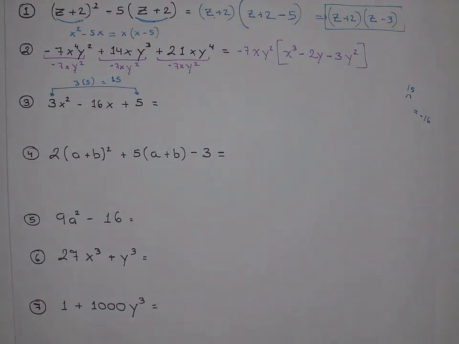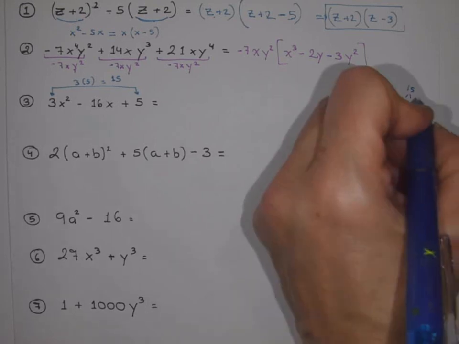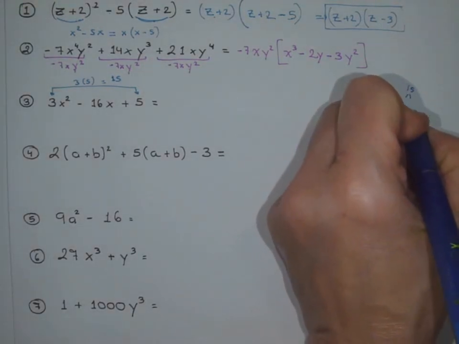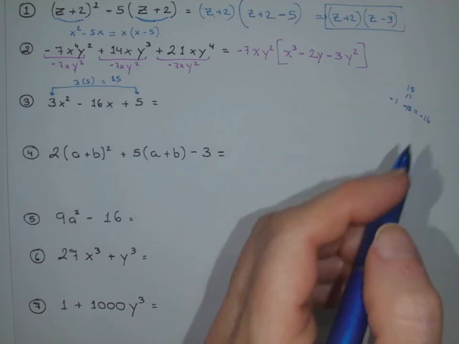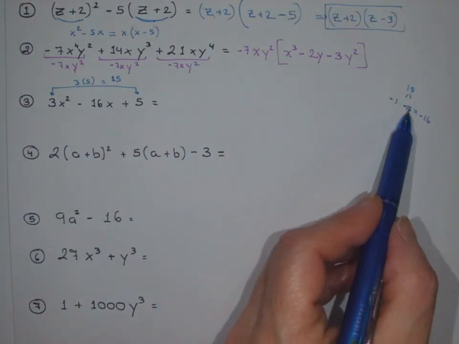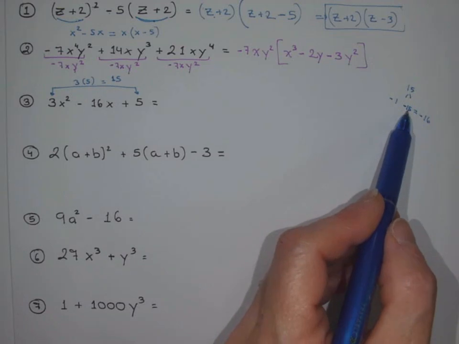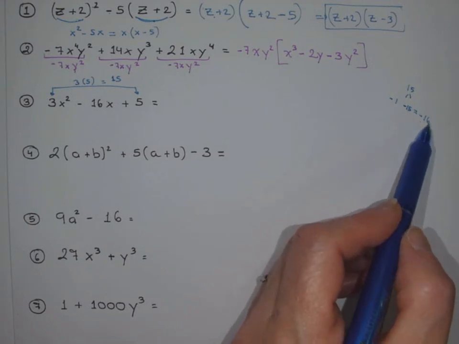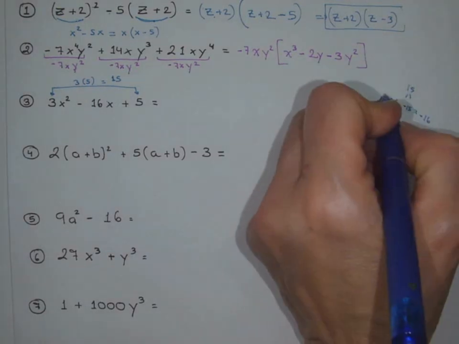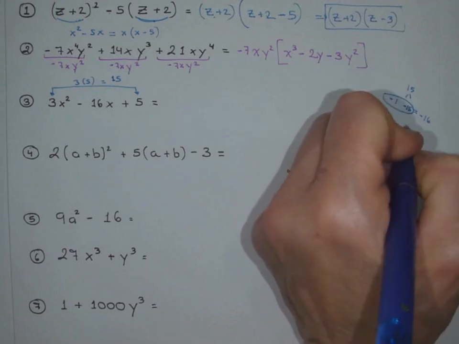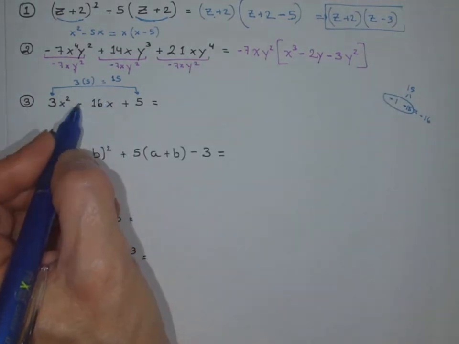That would have to be a negative 1 and a negative 15, right? Negative 1 times negative 15 will be a positive 15, and negative 1 minus 15 will be negative 16 when I add. So those are the two I want to use to replace my negative 16.